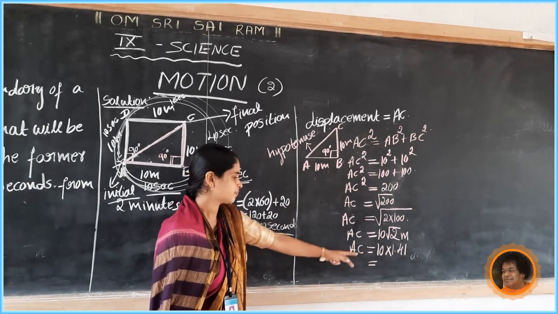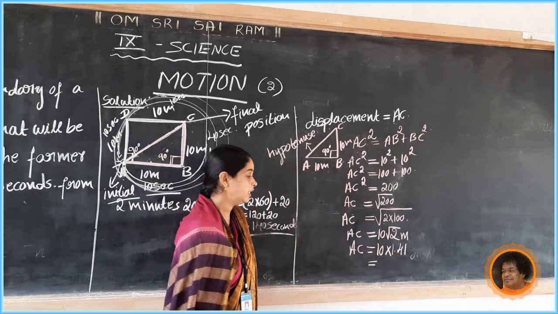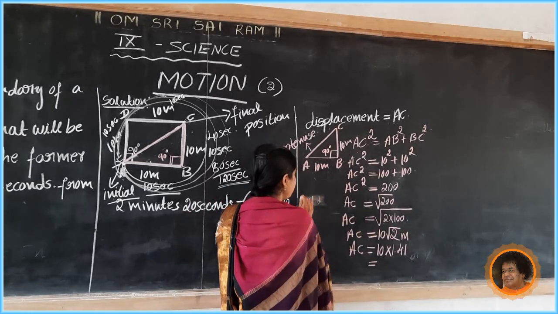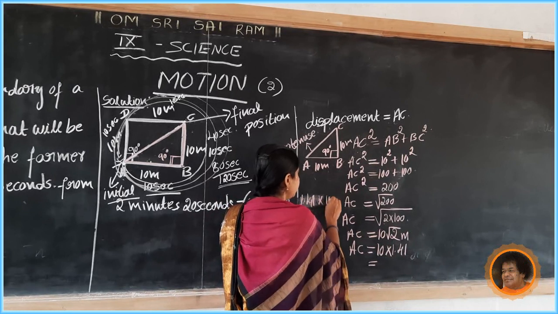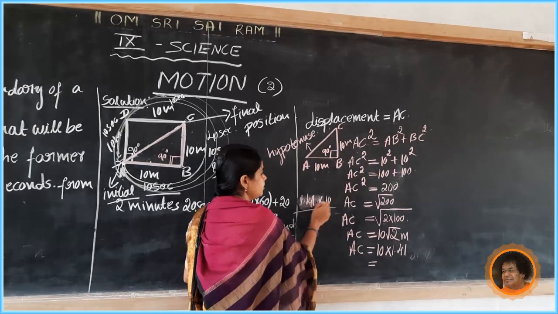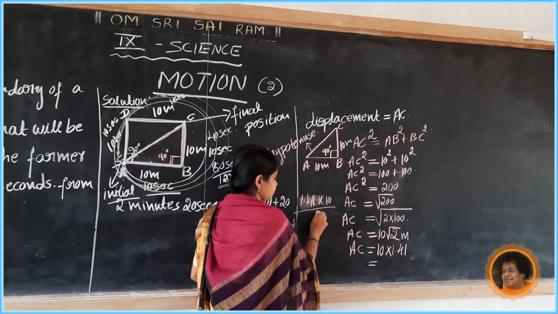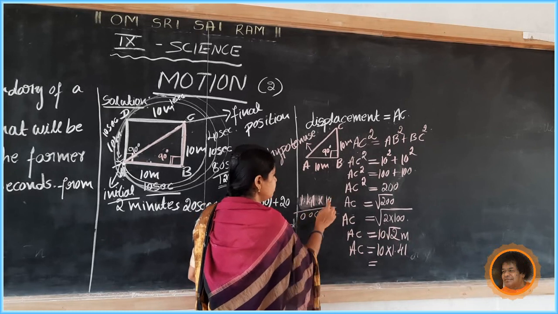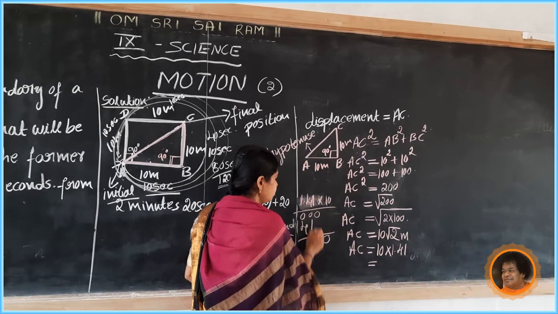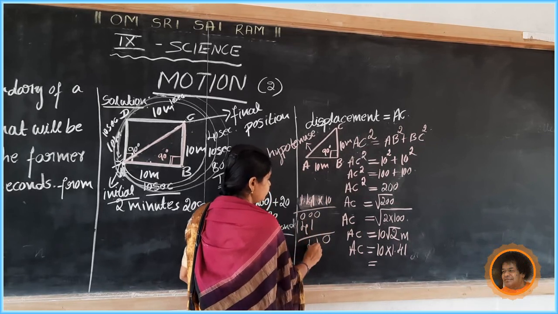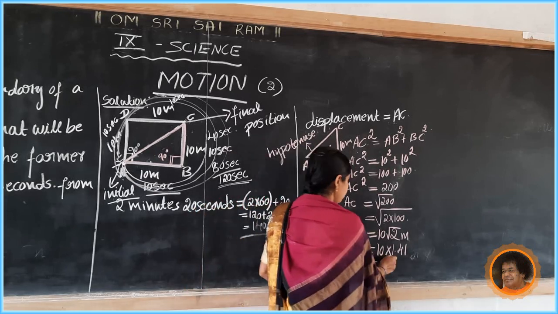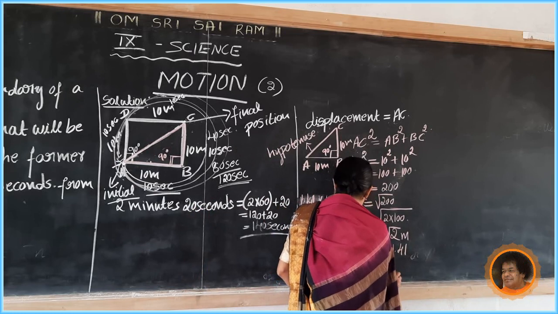Calculate the product: 10 into 1, 10 ones are 10. 1 into 1, 1; 1 4s are 4; 1 1s are 1. Then 10 into 1.41 means 14.10.